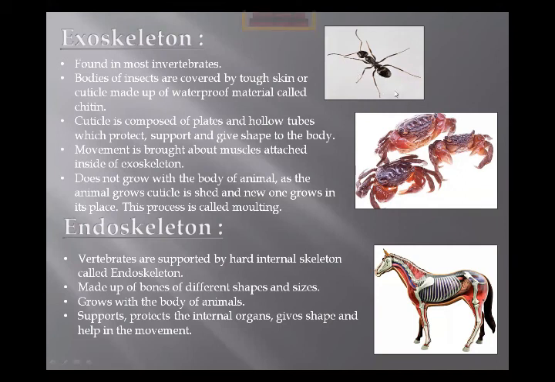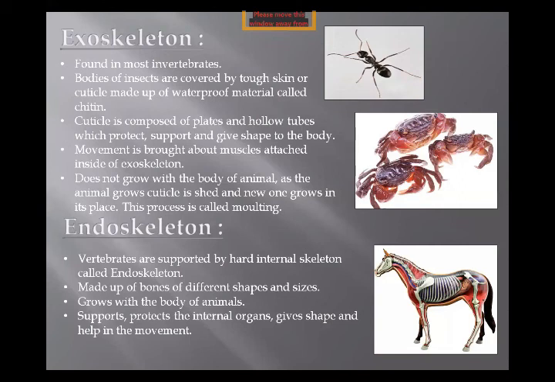You observe they have a shiny surface because of the waterproof cuticle, which is made up of chitin. This exoskeleton protects the inner body. It supports and gives shape to the body. It helps in movement because the muscles are attached from inside the exoskeleton.